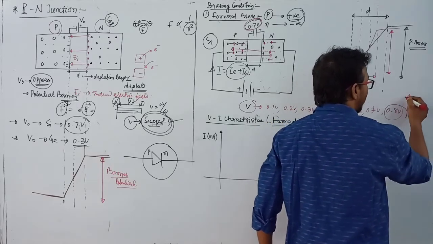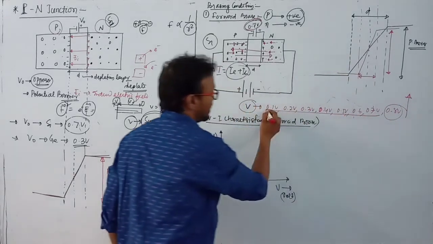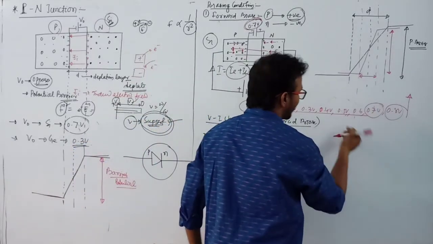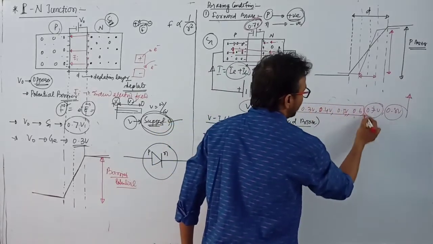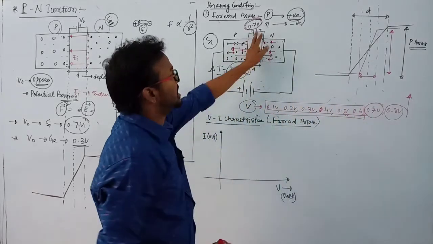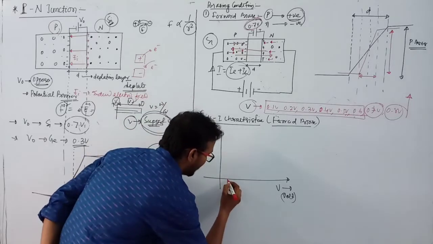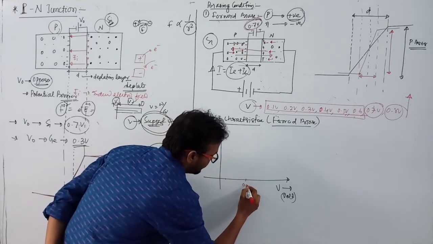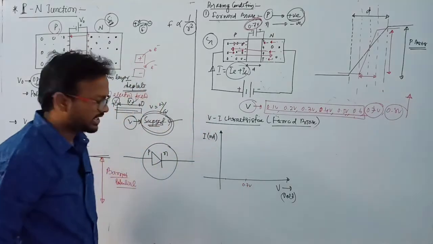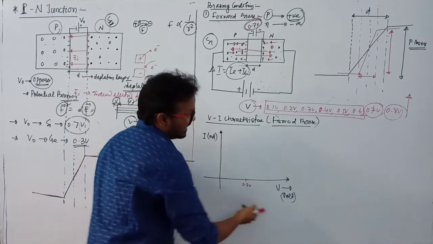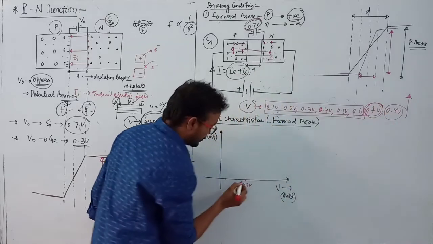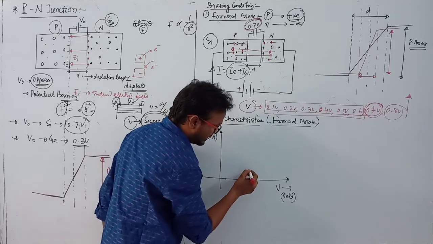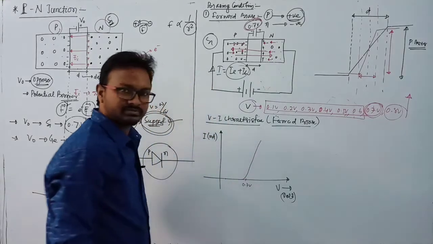At this time there is hardly any current. Why? Because this voltage is below the potential barrier. So if we mark here 0.1, 0.2, or suppose here that is 0.7 volt, then when we increase this potential up to 0.7, the current starts increasing from here like this and increases rapidly.